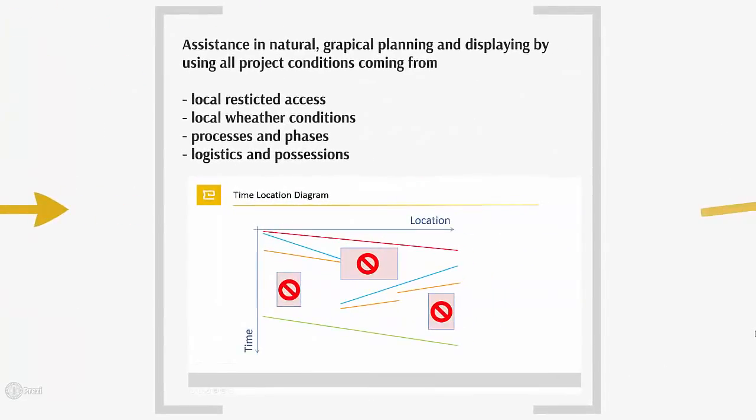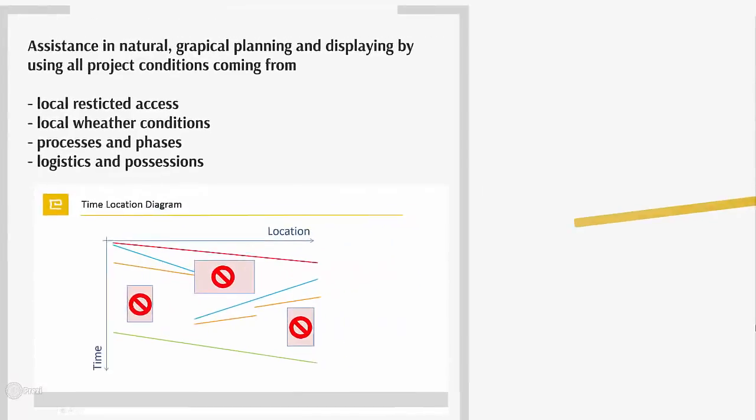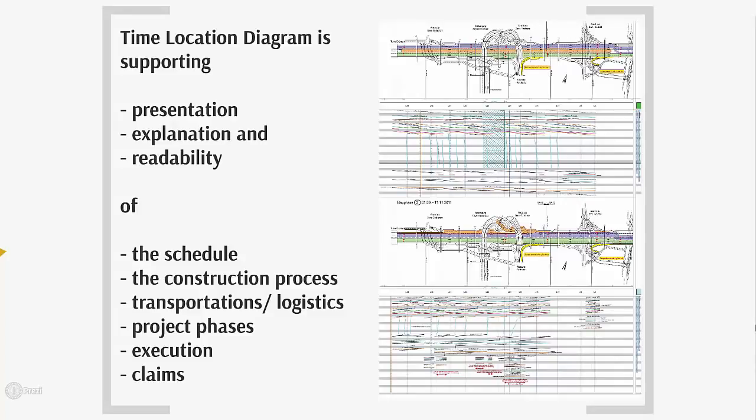The time-location diagram gives assistance in natural graphical planning based on the location. You may consider all project conditions coming from restrictions, weather conditions, processes and phases, and logistics and possessions. A time-location diagram is supporting you in presentation, explanation and readability of your project.